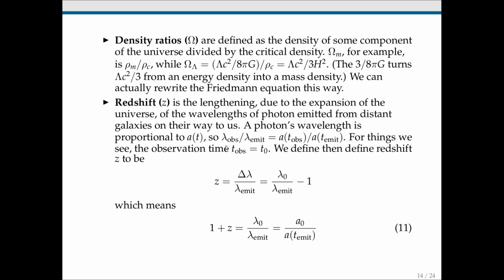So the observed wavelength divided by the emitted wavelength is simply the ratio of scale factor now when the light is observed, and scale factor when the light is emitted. The scale factor when the light is observed is today, t0, and we therefore define the redshift z to be this, which we can rewrite to be this. And equation 11 is something we commonly use.